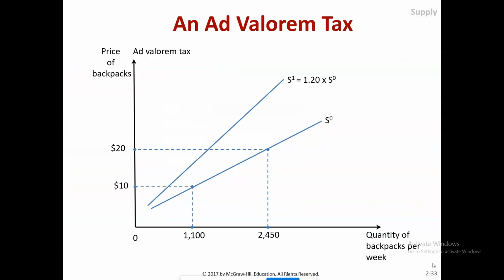And if we charge 20% sales tax, then the monetary value is different whenever you're selling 1,100 or selling 2,450. It is the monetary value of the products multiplied by 20%.